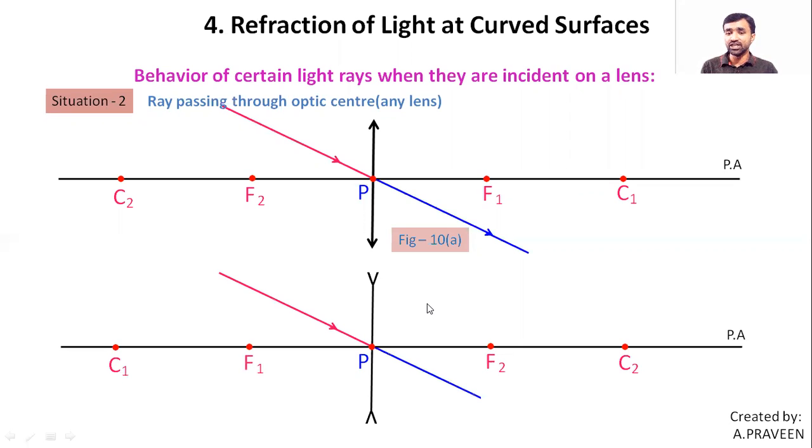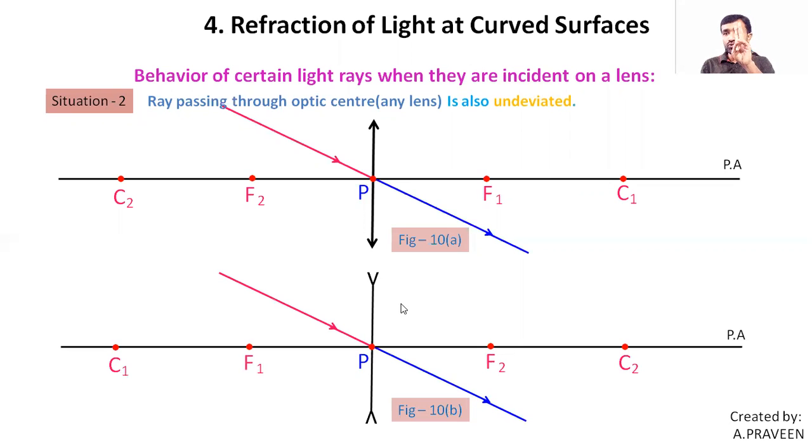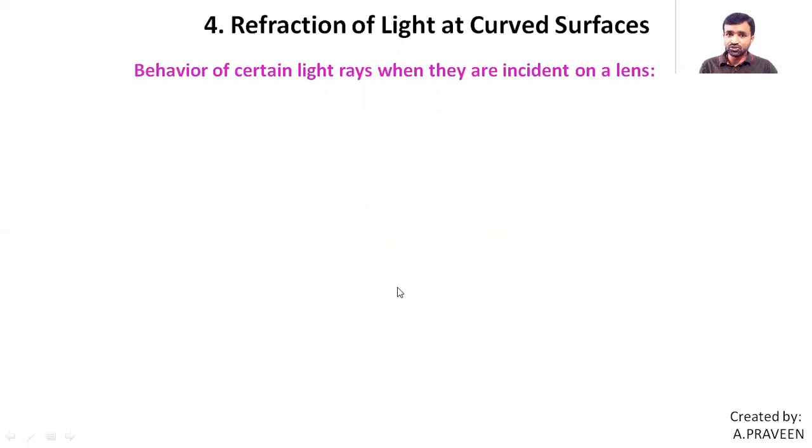So the generalization is simply that it remains undeviate after refraction, passing through the optic center. So two rays remain undeviate. What are they? One is along the principal axis and the other ray is passing through the optic center. They remain undeviate. Then we'll go for situation 3.